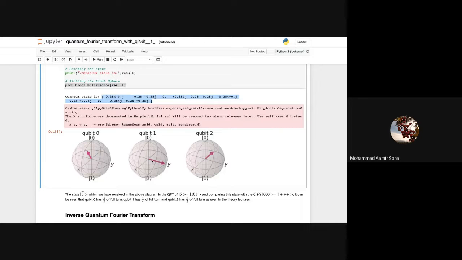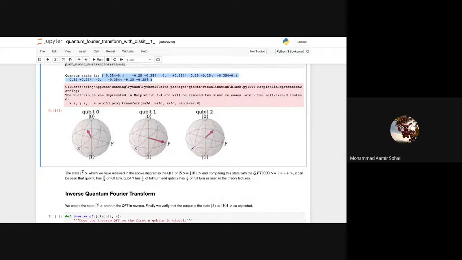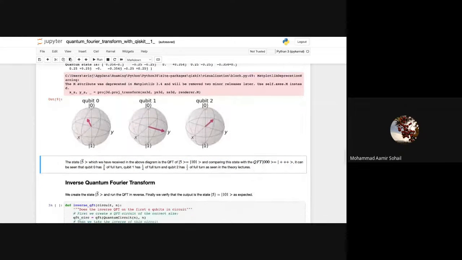The rotation from the positive x-axis is 5 pi by 8, this one is pi by 4, the one-quadrant rotation from x to y, and this one is the pi rotation from the positive x-axis.